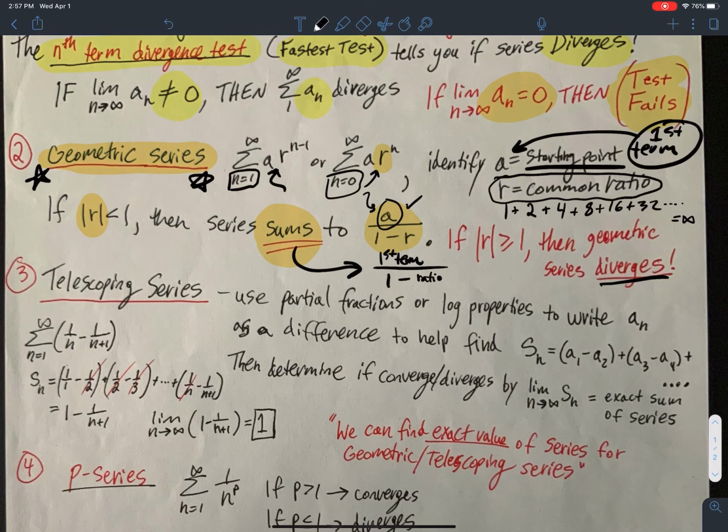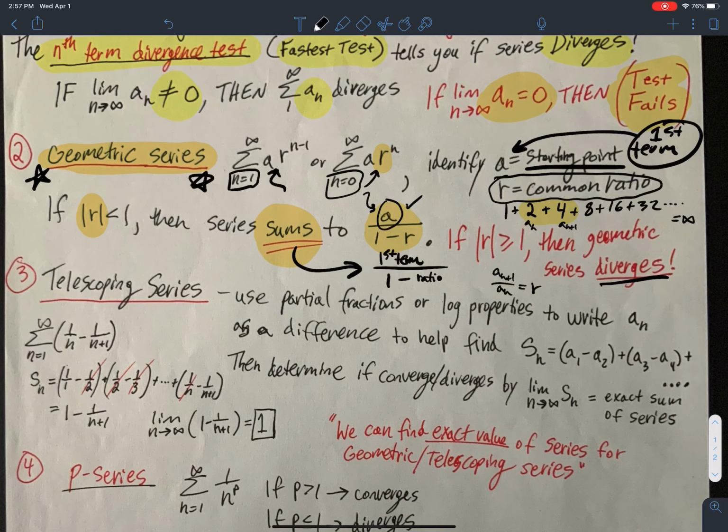So remember the common ratio, this is what I multiply by to get the next term. So the only thing you have to do to get the common ratio is divide two consecutive terms. Okay, so you divide that a_n plus 1 term by the a_n term. So that becomes a_n plus 1 over a_n, which is your common ratio.